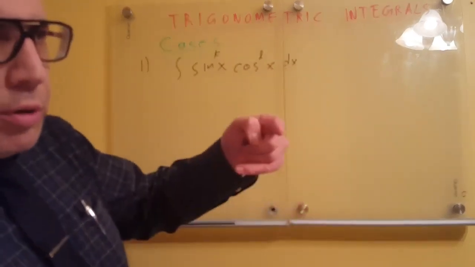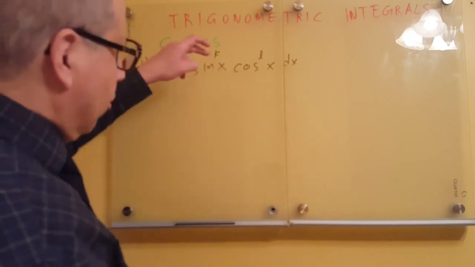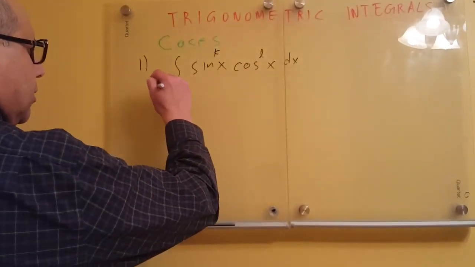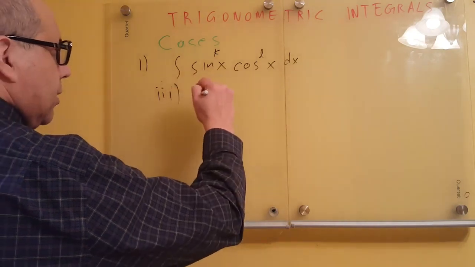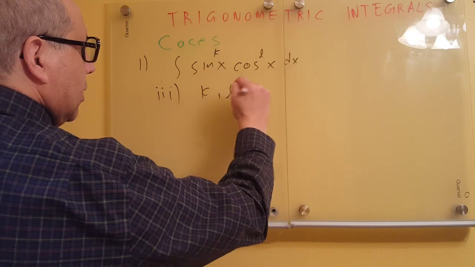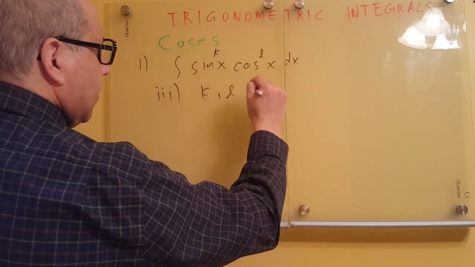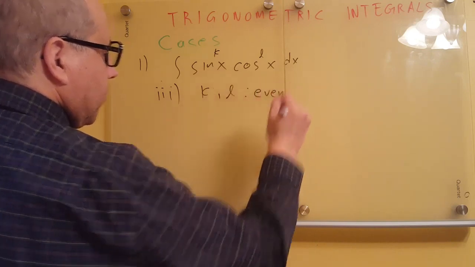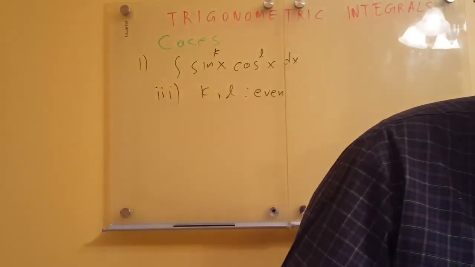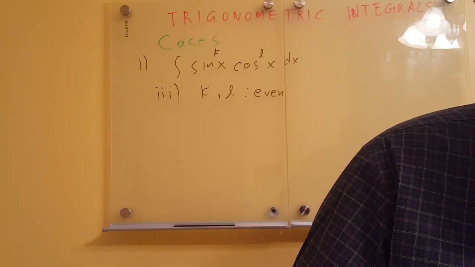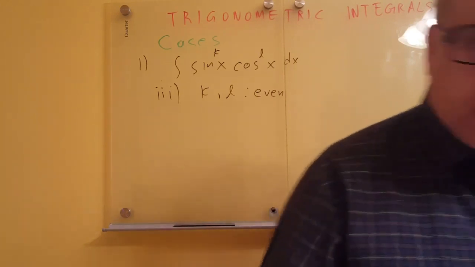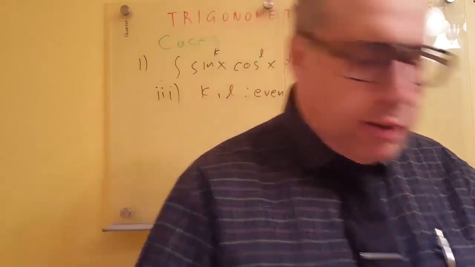But what about if both of them are even? So that's the third case, where k and L are even. So in this case, what we do is we use what we call the double angle or the half angle.